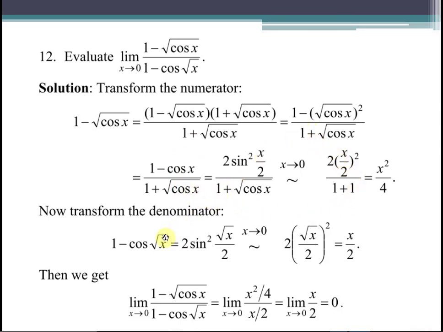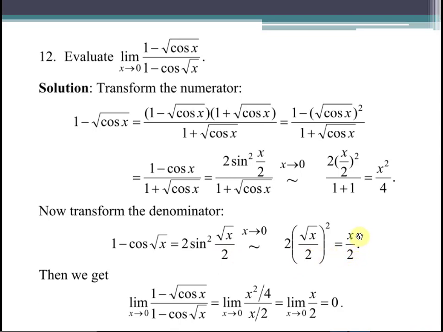We will continue. Okay, now transform the denominator. Here we have 1 minus cosine of x. When we use the trigonometric identity, it is 2 sine squared of x over 2. As x tends to 0, this expression tends to 2 times x over 2 squared, using the first theorem.